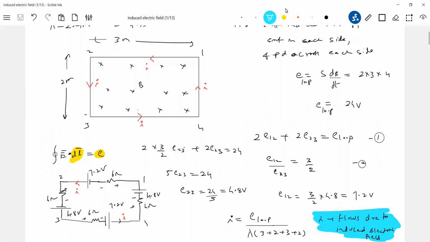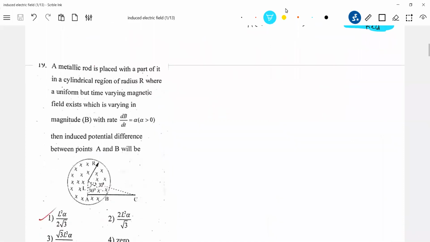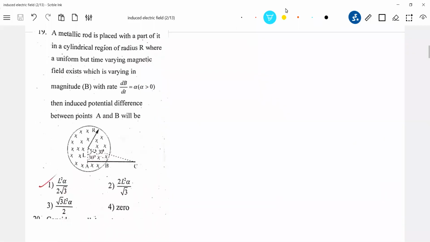Okay, I'll scroll down. Let's take some. A metallic rod is placed with a part of it in a cylindrical region of radius R where a uniform, time-varying magnetic field exists, which is varying with time.